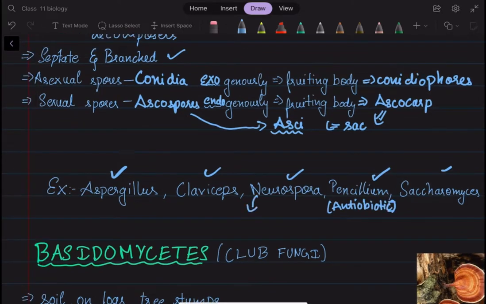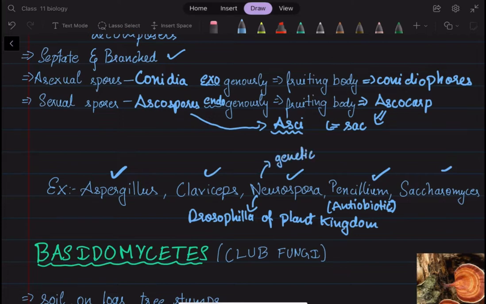Neurospora is called the Drosophila of the plant kingdom. Why is it called so? Because just like Drosophila, this too is used for extensive genetic and biochemical research.